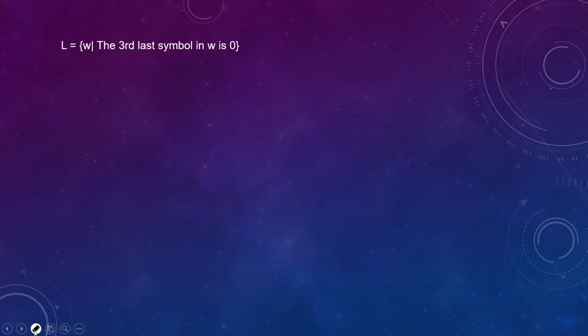Okay, let's see. So at first we will have our start state, right? So this is our start state. Now as we need 0 in the third last position, no matter how many 1s we get, there is no progress because we need 0.